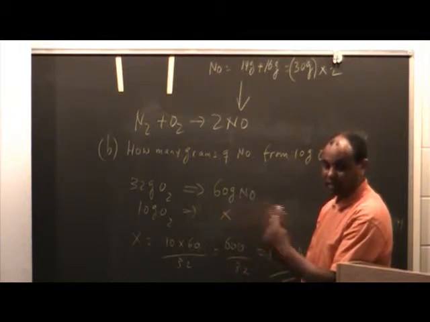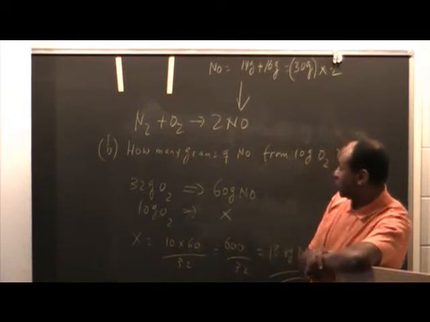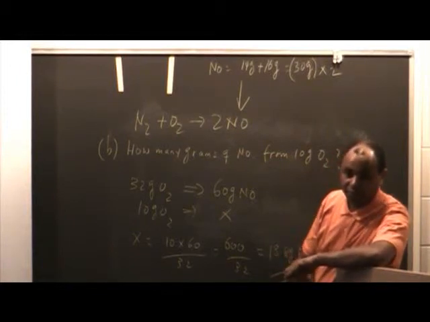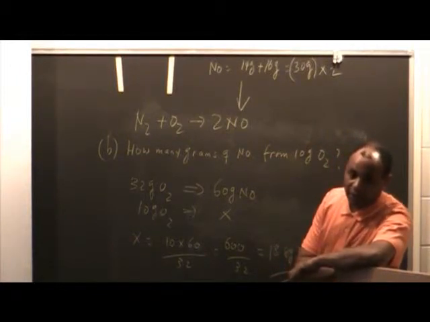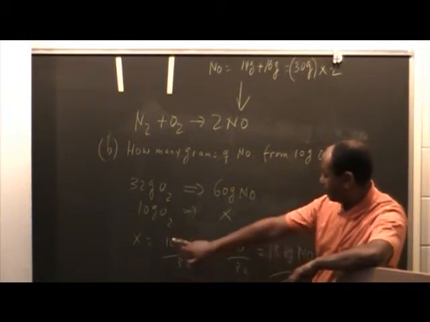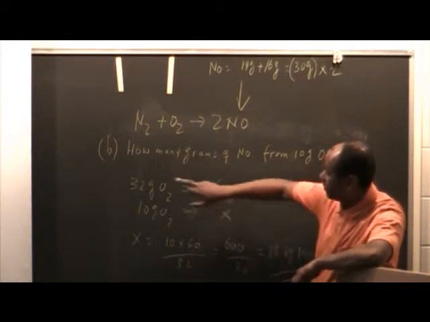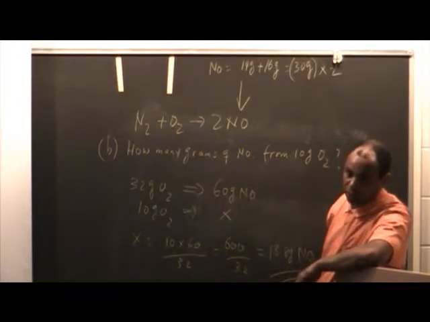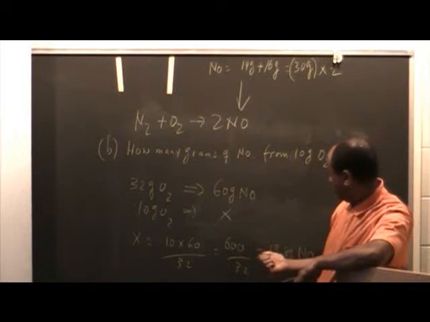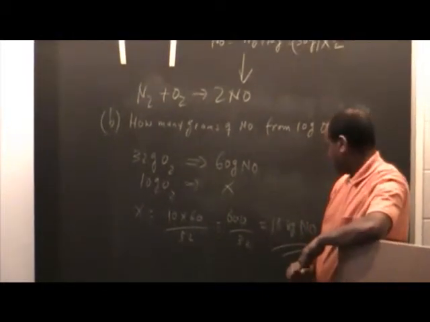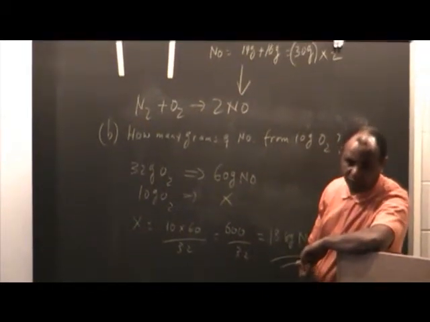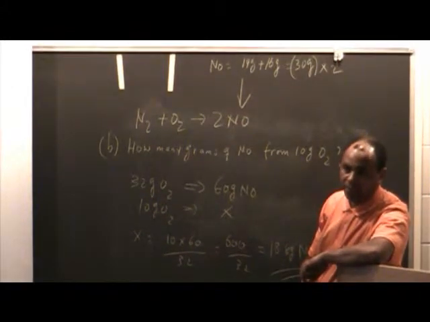So I make a comparison between oxygen and nitrogen monoxide. You did 10 times 60 divided by 32, and that's why I came up with 18.8.